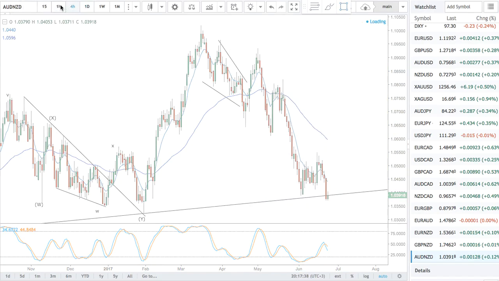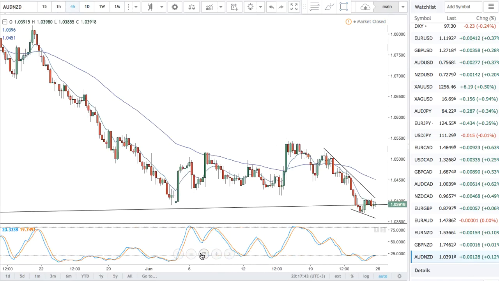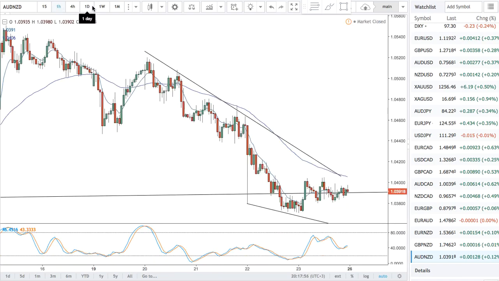And on the 4-hour, I will keep in mind that if we do see another low, I'll be looking for a buy possibility on that.